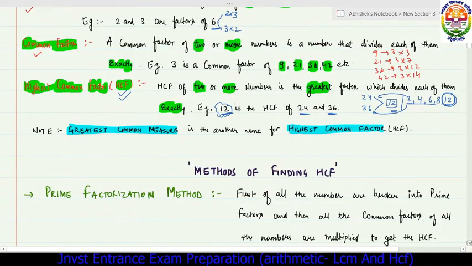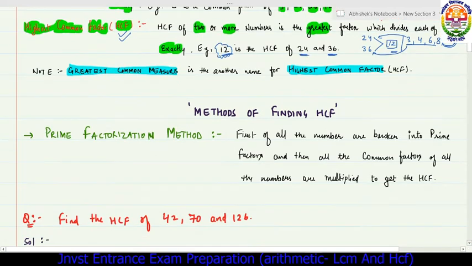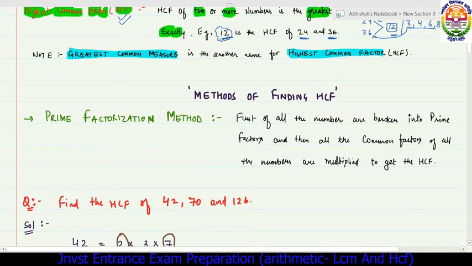Now move forward to the methods of finding HCF. How do we calculate HCF? The first method is called the prime factorization method, PFM. First of all, the numbers are broken into prime factors.